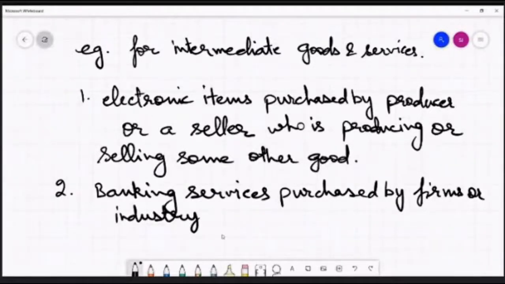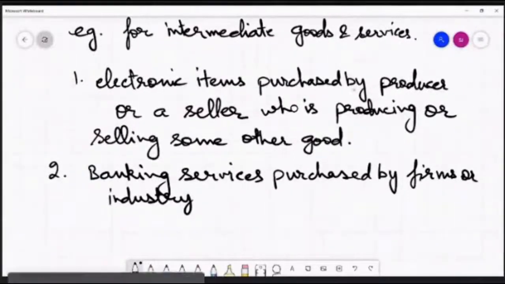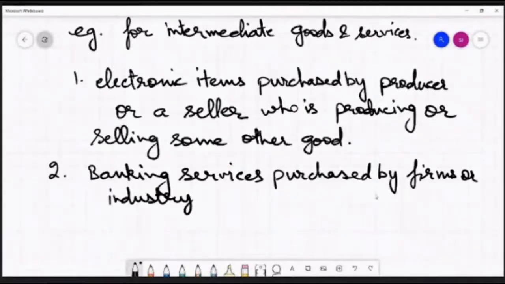But there are certain firms or there are certain households who are consumers and who are producers both. So in that case, differentiating between intermediate goods or final goods sometimes becomes tricky, okay? And that is why there is always a possibility of double counting in national income accounting.